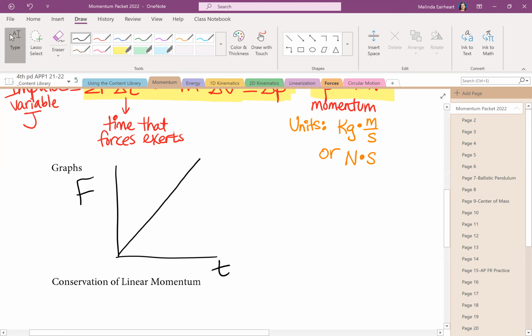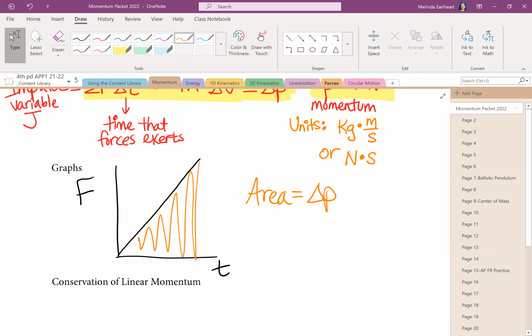But what if we have not a constant force? How could we get momentum information? Well, force times time gives you change in momentum. What graphical strategy do we want to do to get force times time? Area. And so area will give us a change in momentum or impulse. It's the same thing. Change in momentum and impulse, same thing.